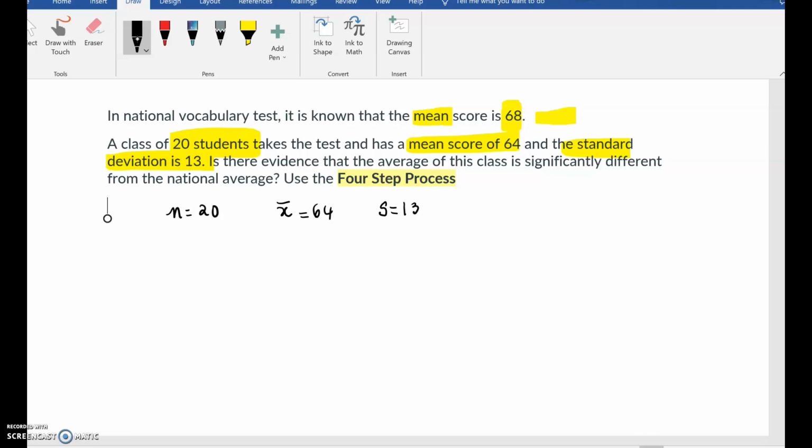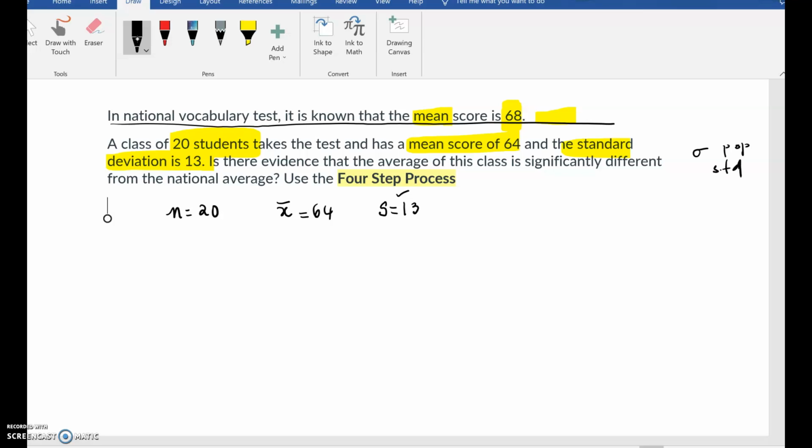It is not sigma, because if it were sigma, they would be talking about the standard deviation in this sentence. So what is given to us is S, and it is not sigma. So sigma is the population standard deviation.